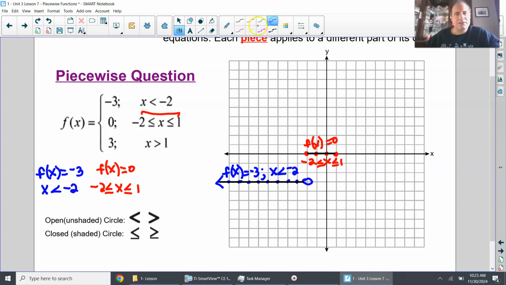Let me put this in a different color. F of x equals 3, and x is to be greater than 1.